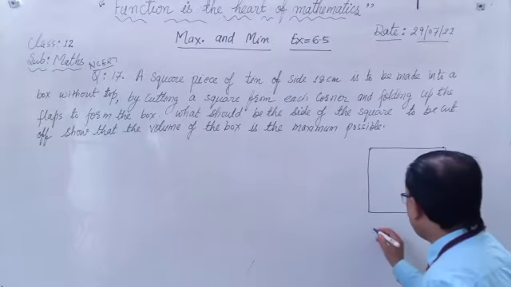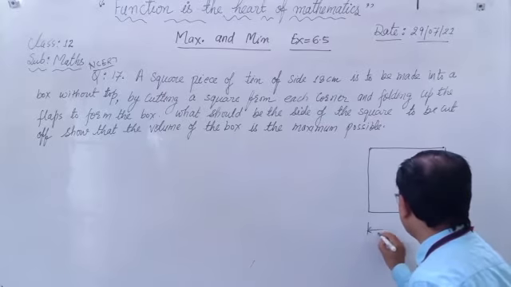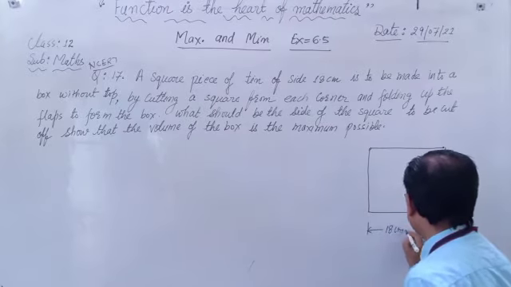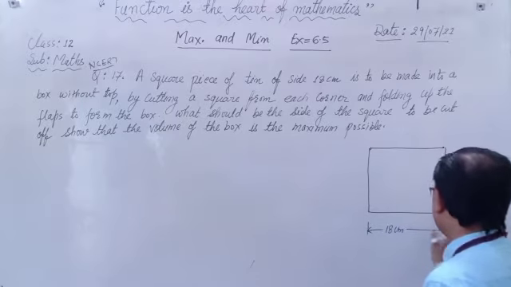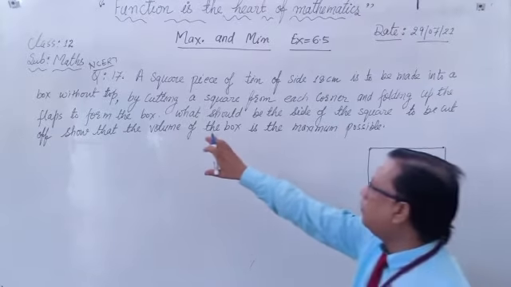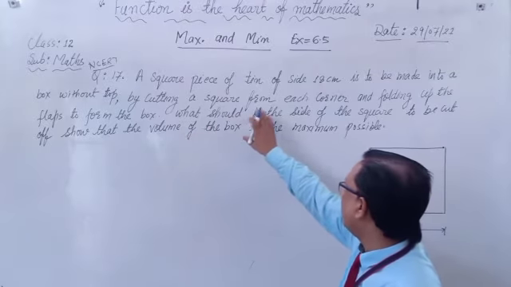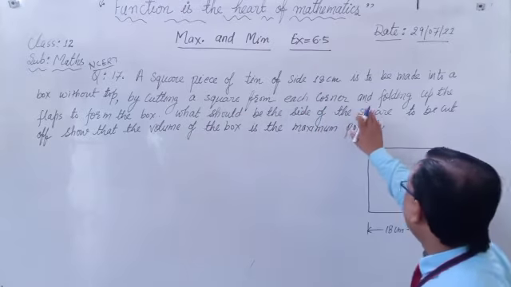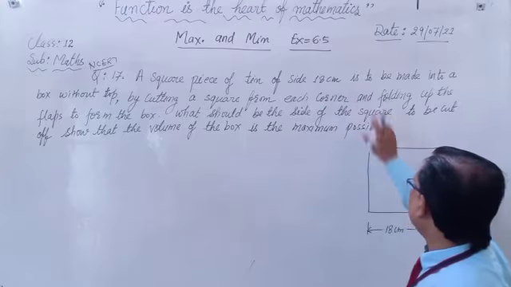The whole side is 18 centimeter. A box is formed without a top by cutting a square from each corner.